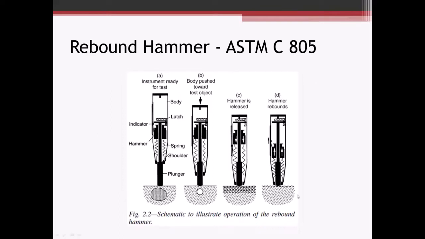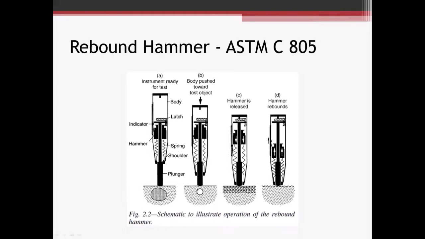One thing I want to point out here, this is the subsurface of the concrete, right? And I think these different images are here to show you that what's below the surface could have an impact on the rebound number. If you've got a piece of coarse aggregate right below the surface, you might get a higher rebound number. If you've got a void right below the surface, it might actually fracture through that void and you'll get a lower rebound number.